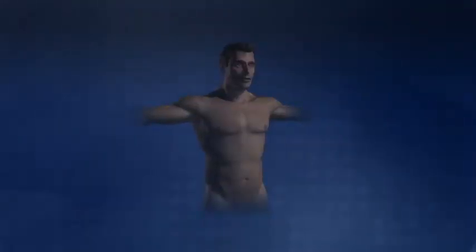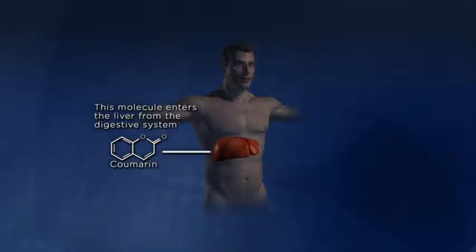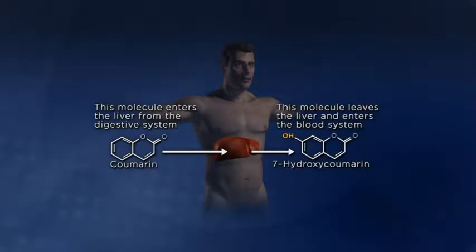Let's study this transformation for a moment. Here's a location of the liver in case you didn't know. A molecule enters the liver typically from the digestive system, or it can be from the blood system, either way, but it ends up in the blood and goes into the liver where it gets transformed. Now, you don't need to be a chemist here. I'm not asking you to be a chemist. I want you to focus on the transformation of this molecule.